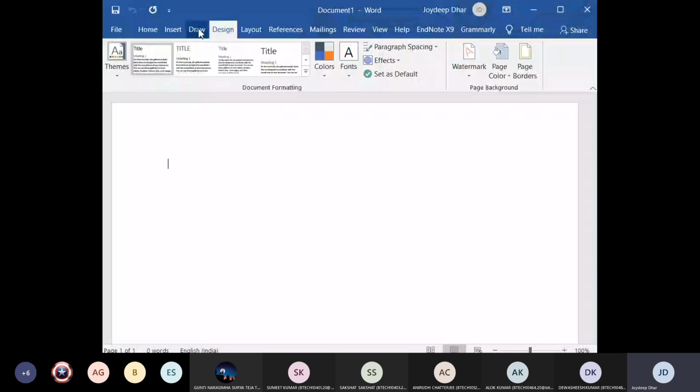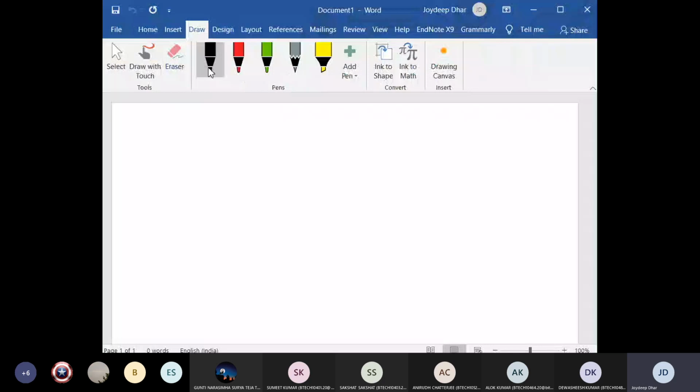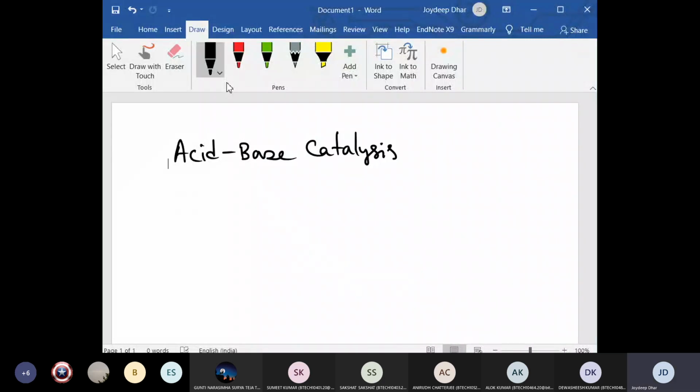Today I will show two different types of reaction: one is acid-base catalysis, and the second one is the most important one, enzyme catalysis. So how can you determine the rate for these two types of reactions?